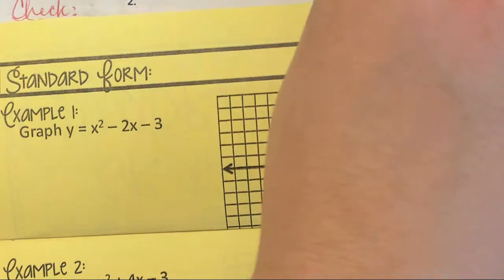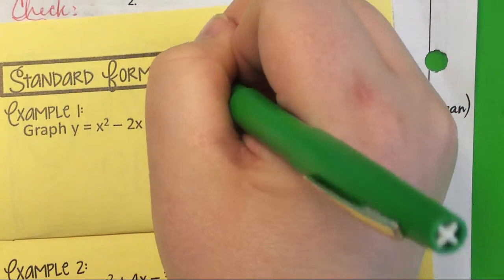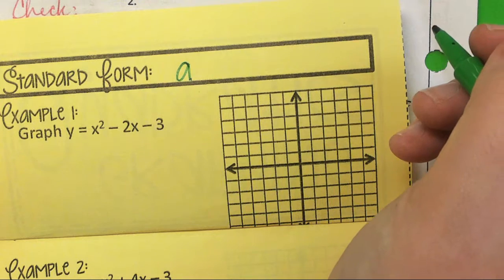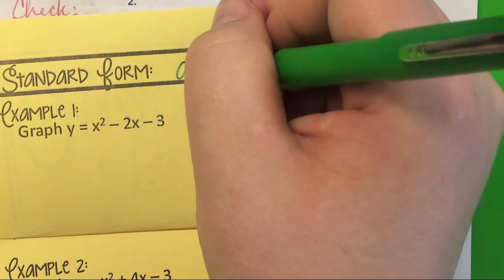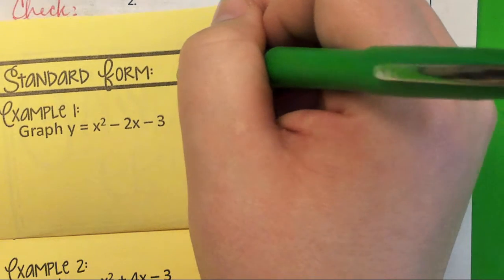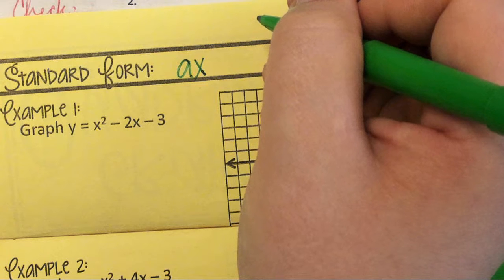What's standard form? You know standard form. What's standard form? Plus t squared. That's the Pythagorean here.